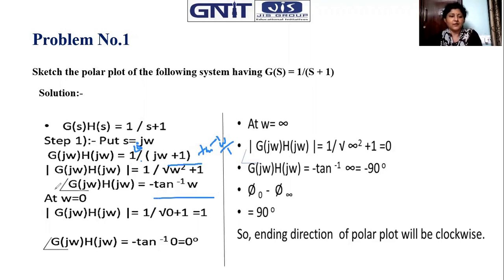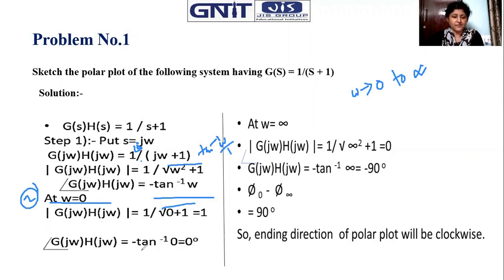Okay. Now what will be the second step? The second step is we need to put the initial value of omega, because in the polar plot omega will be ranging from 0 to infinite, the whole range of positive values of omega. So here mod of G(j omega) is 1 by root under 0 plus 1, that means 1, putting omega as 0.